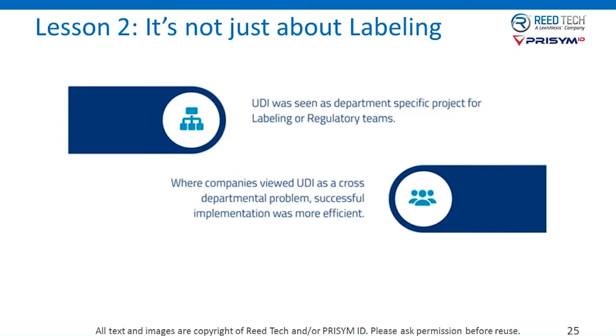Some companies identified it as a label design and regulatory issue and maybe set up a project to deal with each of those separately. But as we said earlier, where the companies viewed the FDA UDI requirement as a cross-discipline, cross-departmental problem, that's where the implementations were most successful, bringing in different skill sets from the different groups within the organization, for example, people from production and people from QA.